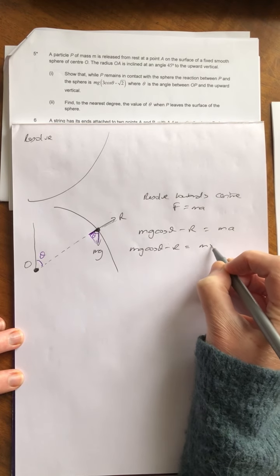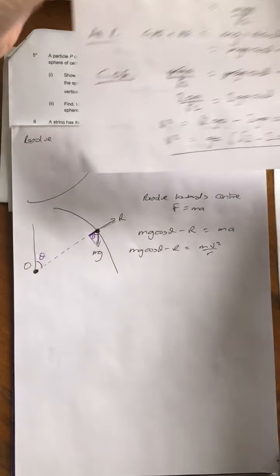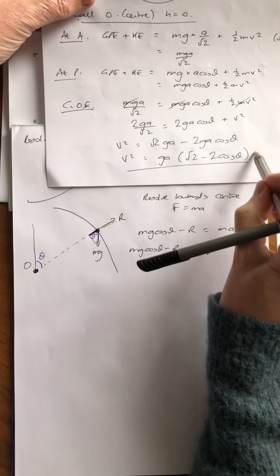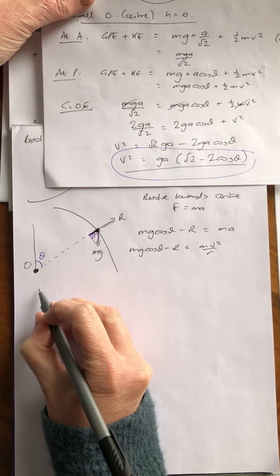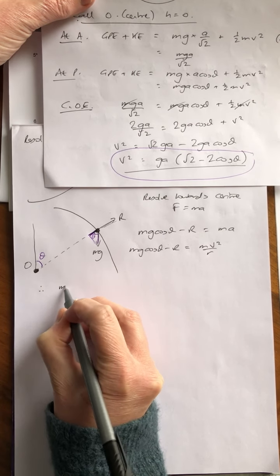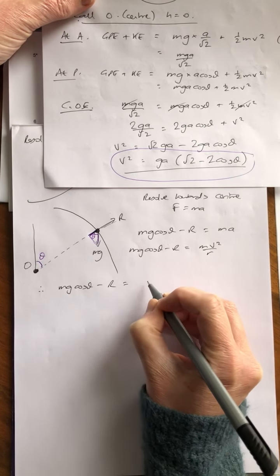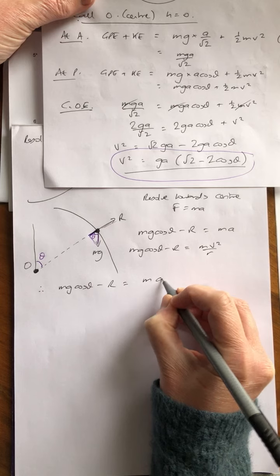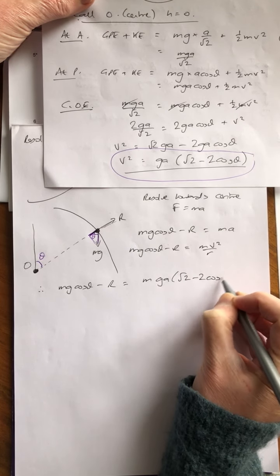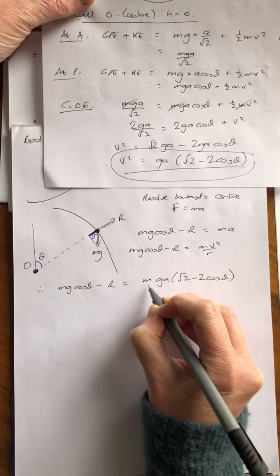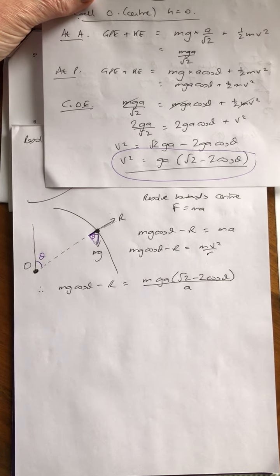So it equals mv squared over r, with the v squared that I had from before. So mg cos theta minus R is equal to m times ga(root 2 minus 2 cos theta), all divided by r, and r is, of course, a.